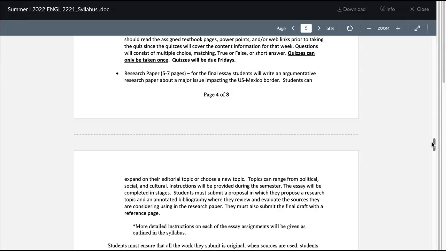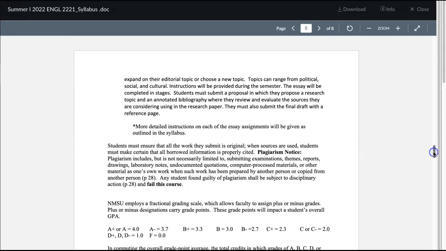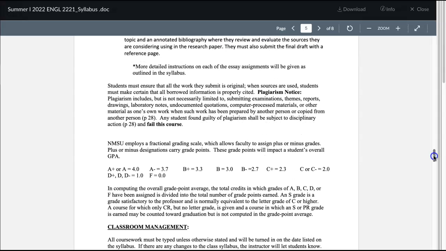I also had some students write about the environment of the border. I've had some students write about education on the border. So really there's a lot of different topics that you can write about, because like I said, there's many issues that plague the border, and there's a lot going on right now, especially with the border. So there's a lot of issues that you can write about.